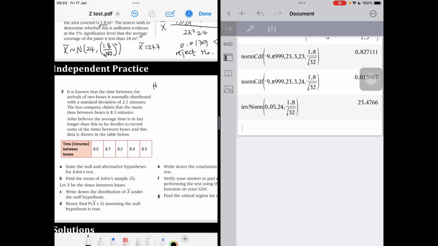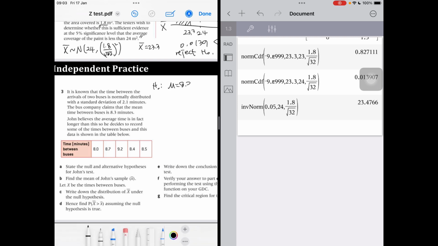So now mu is 8.3, but John doesn't believe it. He thinks this is larger than 8.3. So he collects the data, these 5 data points, and the sample mean.